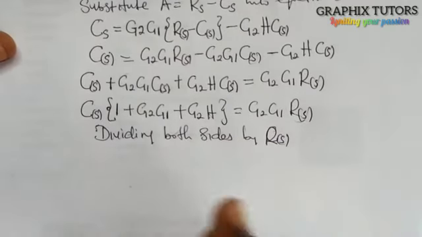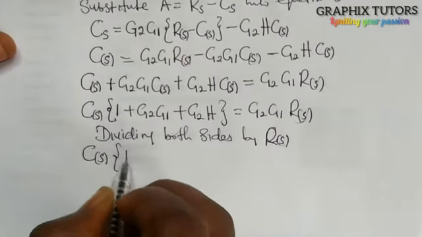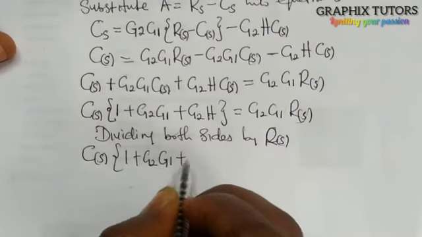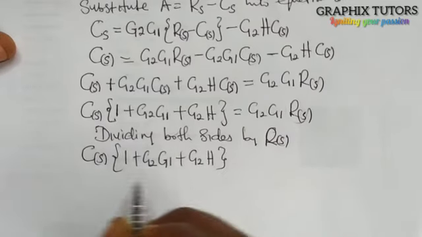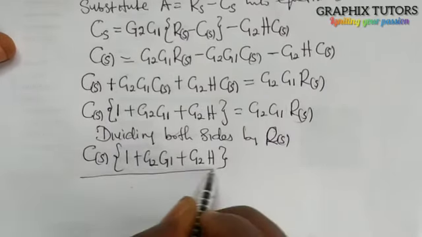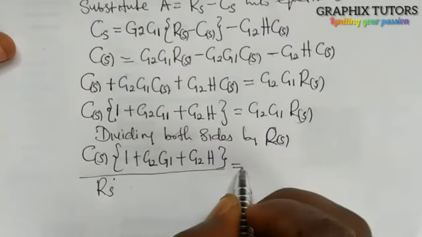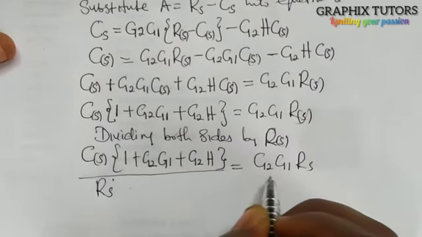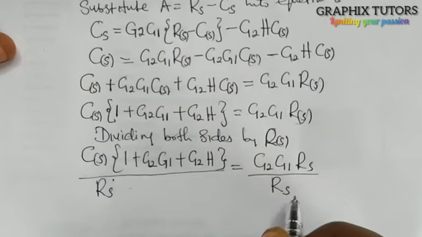So we are going to have the output multiplied by 1 plus G2G1 plus G2H, all over R(s), equals G2G1 times the input, all over the input.